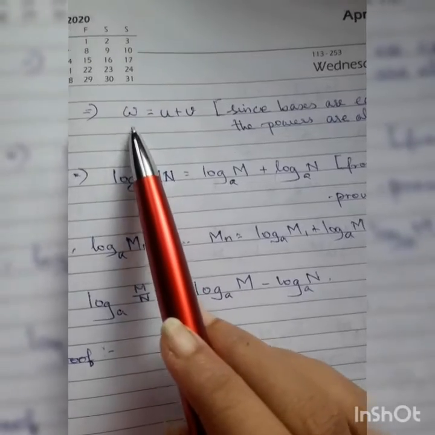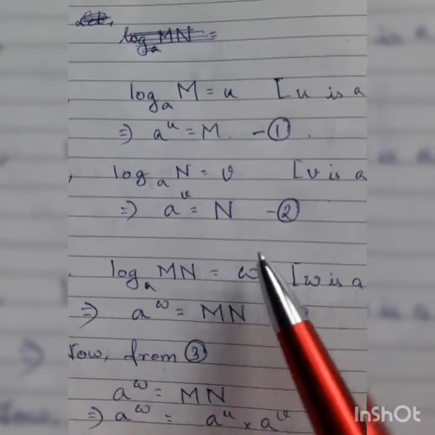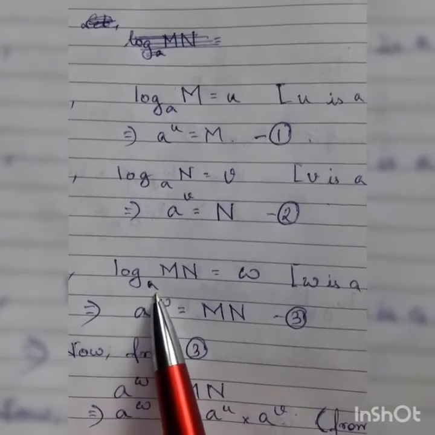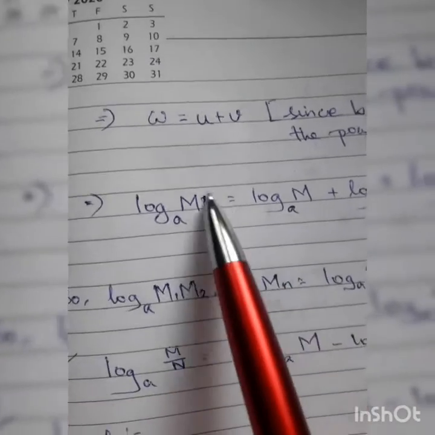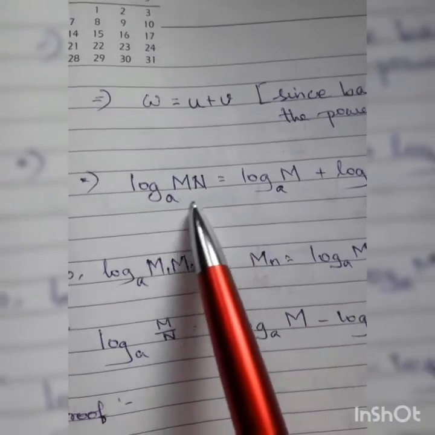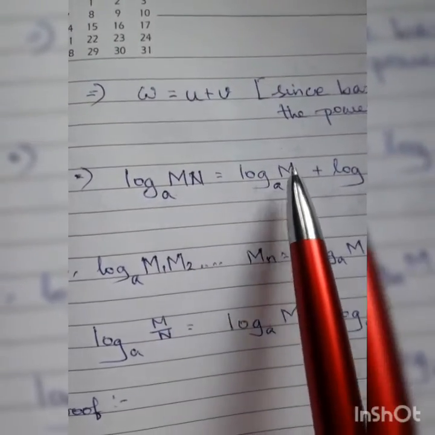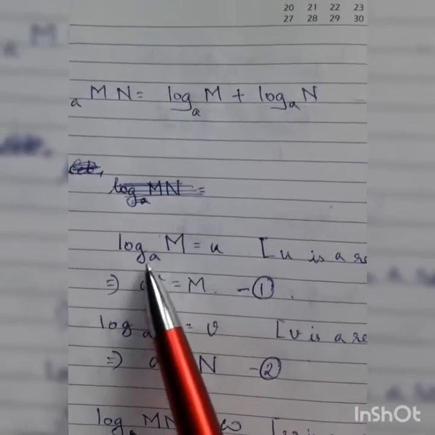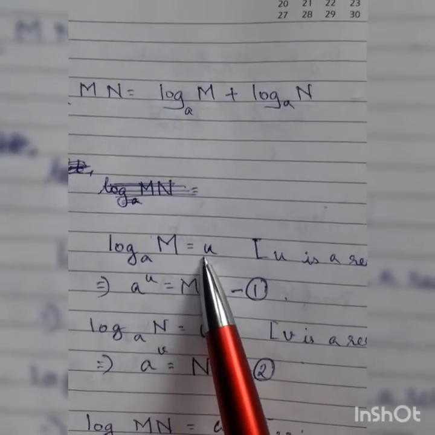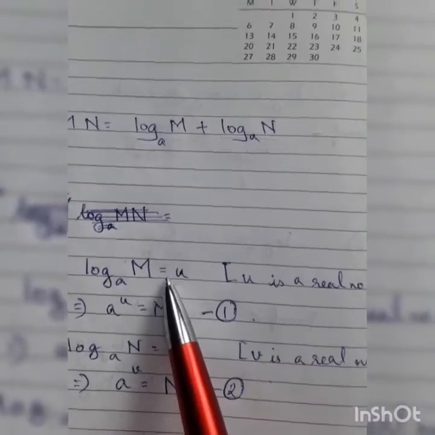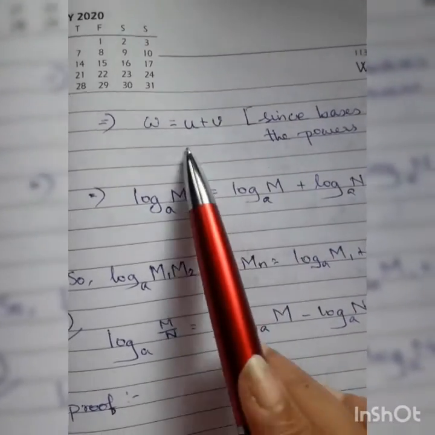Now what was our w? w was log mn to the base a. So we are substituting that value over here. And our u was log m to the base a. This was our u, so we are substituting the value of u here.